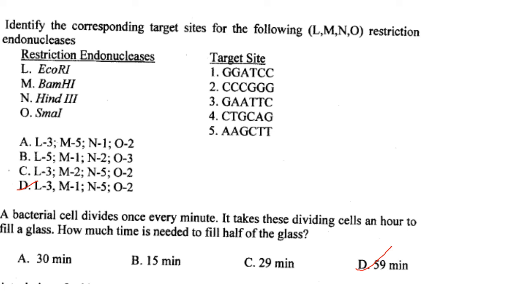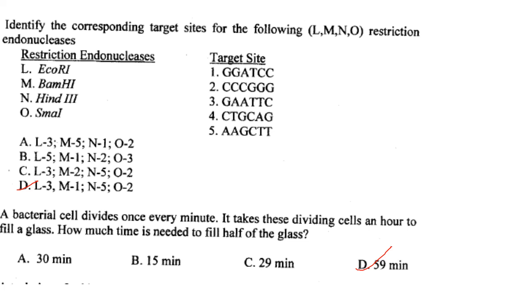So if it takes 60 minutes to fill the cup, it must take 59 minutes to fill half the cup, because in the last 1 minute the cells will divide into 2 to fill the full cup. Hence 59 minutes is the answer.